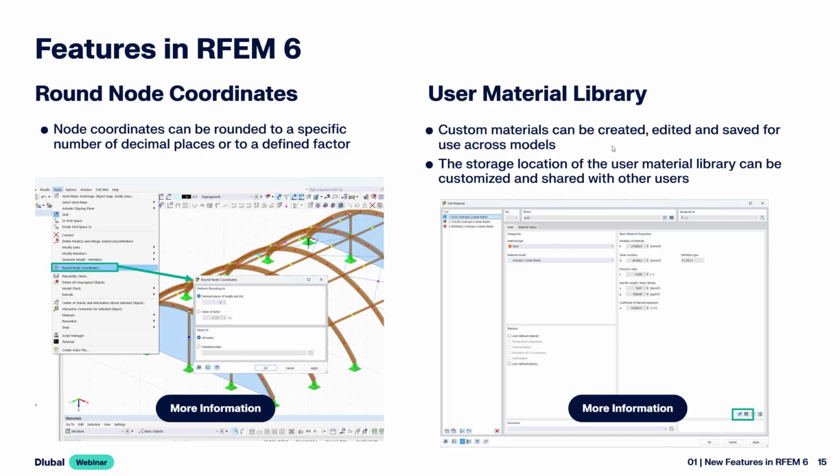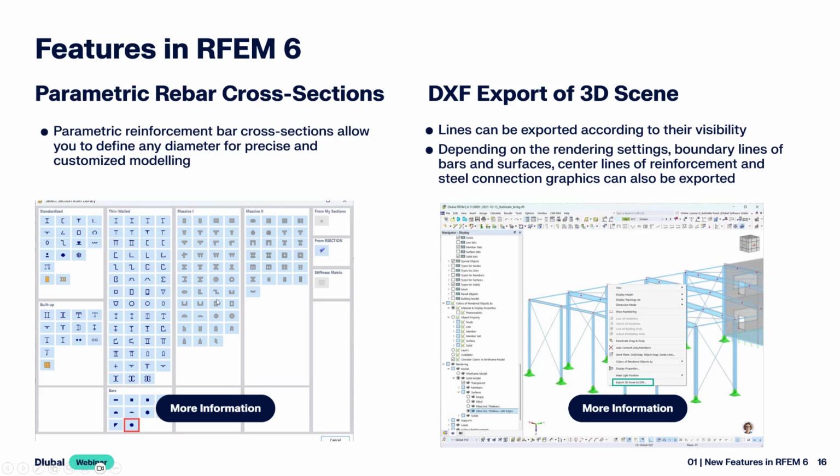For example, you import material from the database and change it according to the material you would like to define. Then parametric rebar cross-sections is also new. Then you can export DXF of a 3D scene.